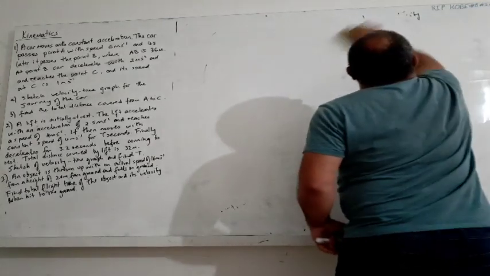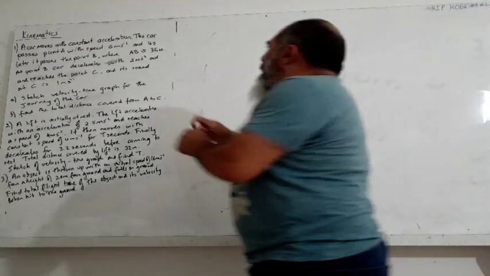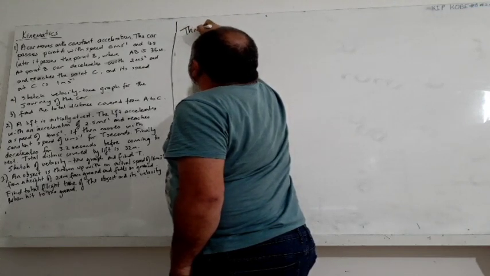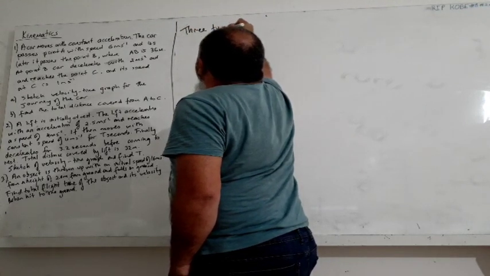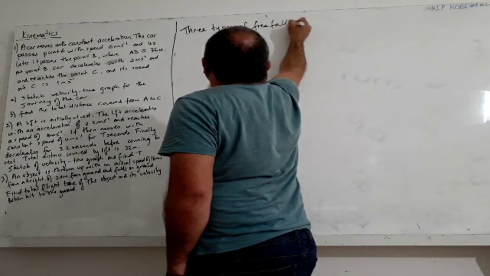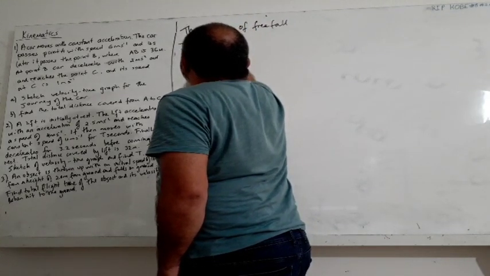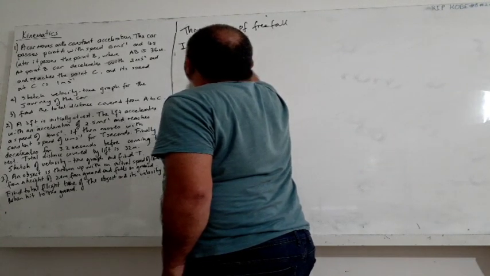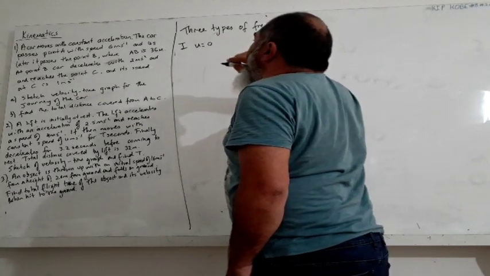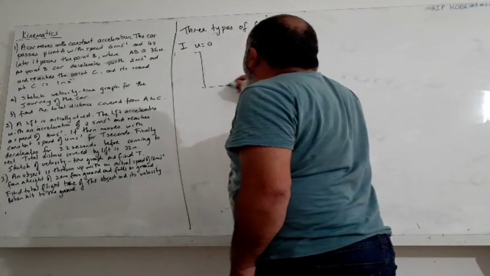We have 3 types of free fall. First type is if you have u equal to 0 and it is at rest, and you leave the object from a height.